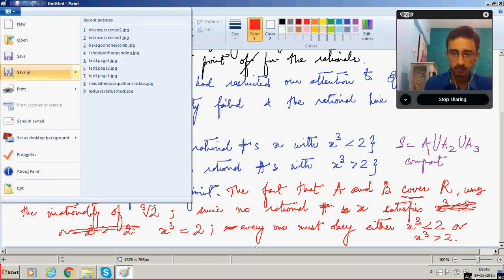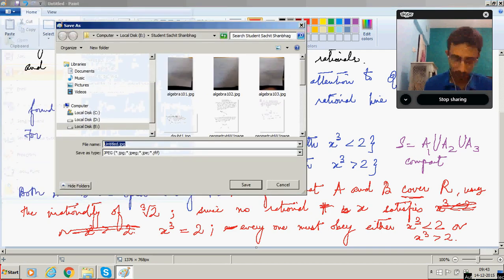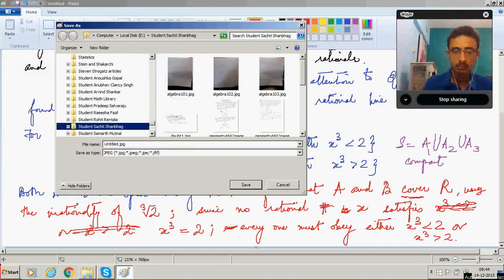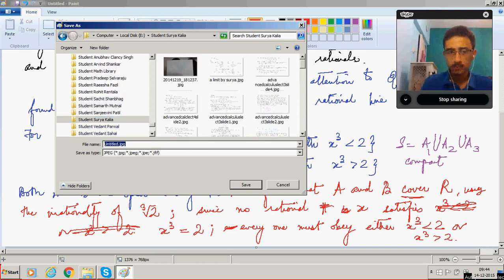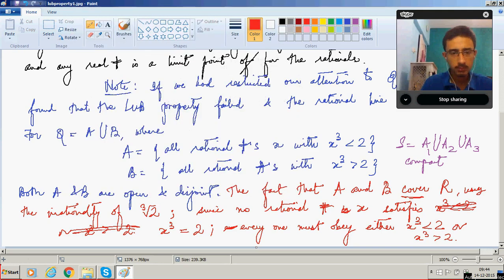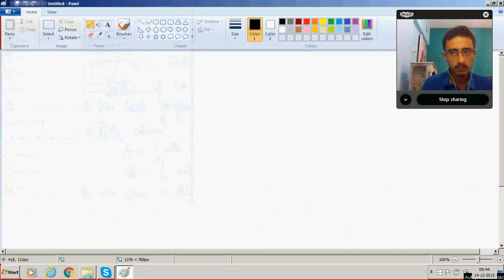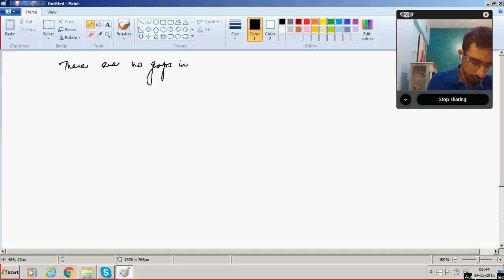Okay, so now let's see where this goes. So intuitively the LUB property tells us that there are no gaps in the number line.